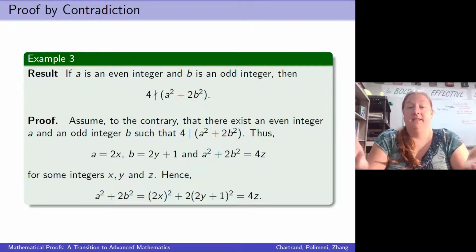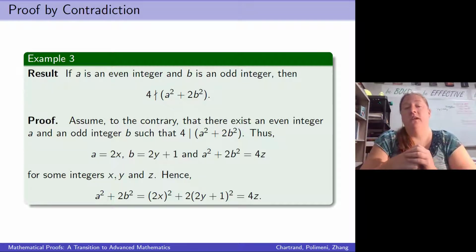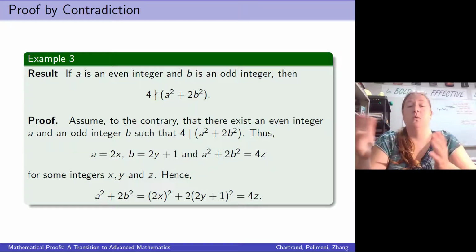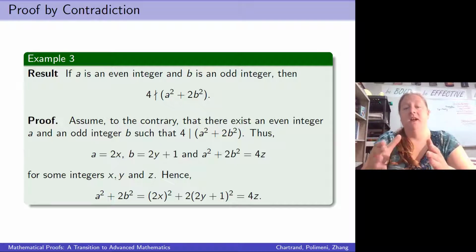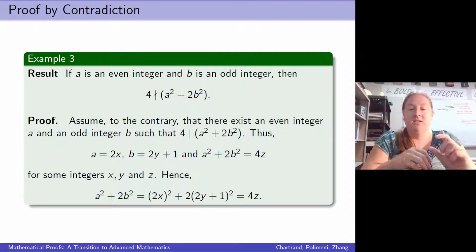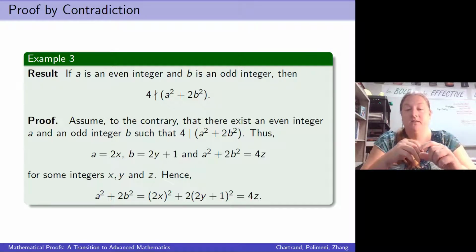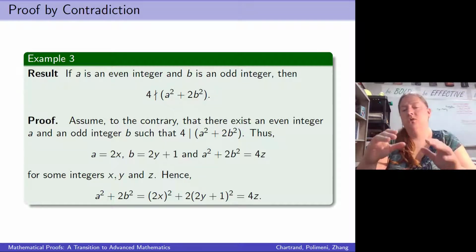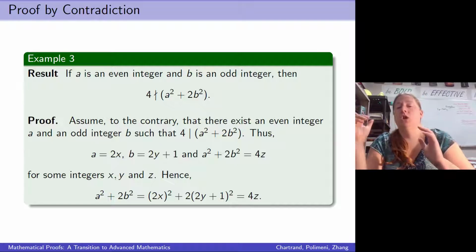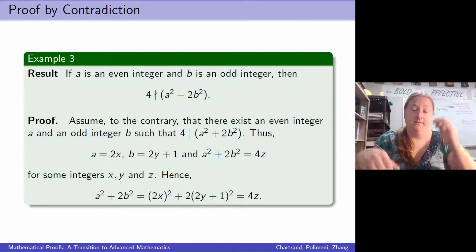So I'm going to say a is 2x by the definition of even, and b is 2y plus 1 by the definition of odd, and I've got a squared plus 2b squared equals 4z by the definition of 4 dividing that quantity. So that gives me that a squared plus 2b squared is going to equal 2x squared plus 2 times the quantity 2y plus 1 squared.